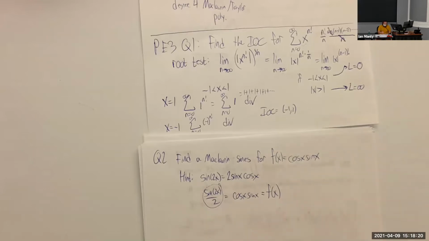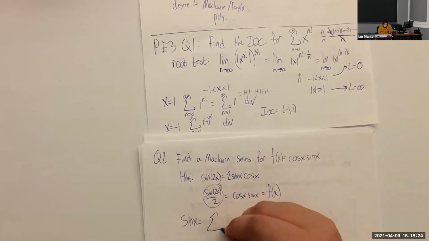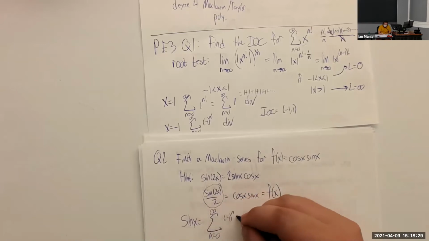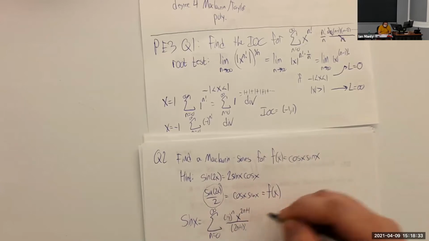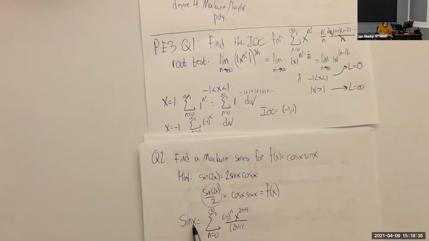So if we look on our formula sheet, our sine of x is the sum from n equals 0 to infinity of -1 to the n, x to the 2n plus 1 over 2n plus 1 factorial. Now I'm not interested in just sine of x. I want to have sine of 2x right here.